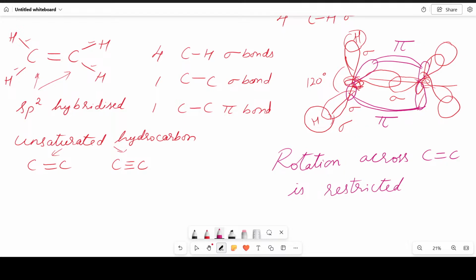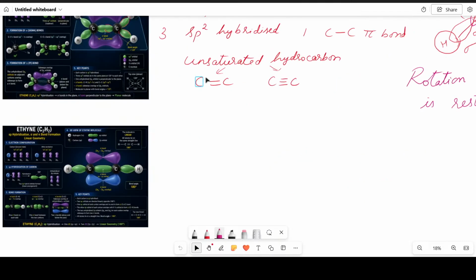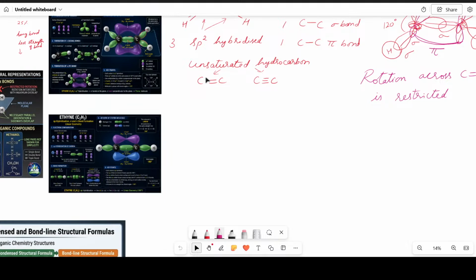Since the electron clouds, you observe the diagram. So what can you see here? The electron clouds are above the plane and below the plane. Since the electron clouds are above and below the plane, the pi bond lies above and below the plane of the bonding atoms.